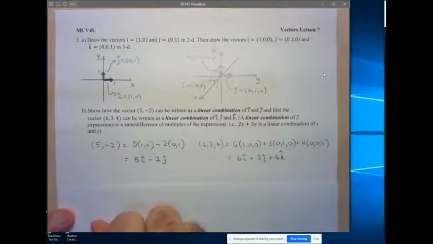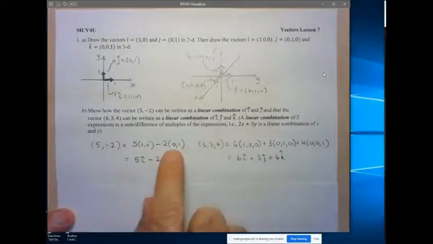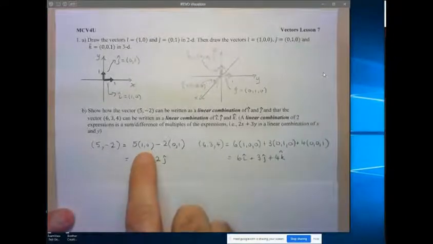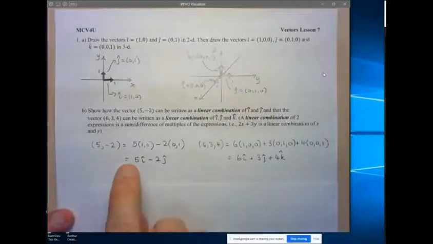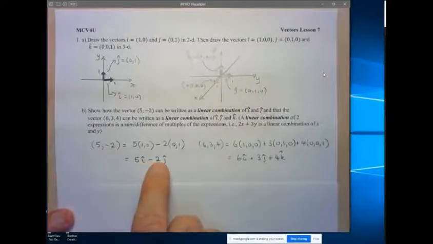But very often, instead of writing it in this notation, we use our representatives for vectors (0, 1) and (1, 0). So an alternate way of writing the vector (5, -2) is to write it as 5i minus 2j.